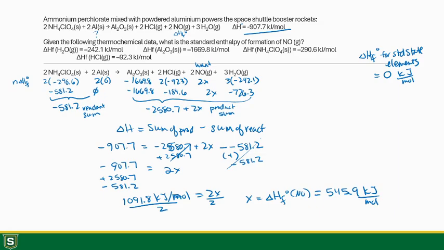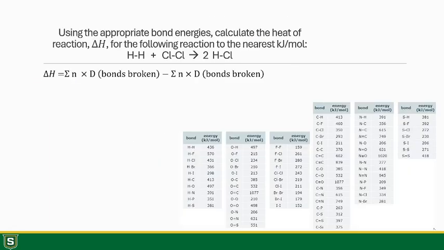All right, now let's look at some other types. This even tells me using an appropriate bond energy. So since it's talking about bond energies, I'm going to use the bond energies approach. So this is the sum of the number of bonds, the number of moles of bonds, times the bond dissociation energy for the bonds broken.